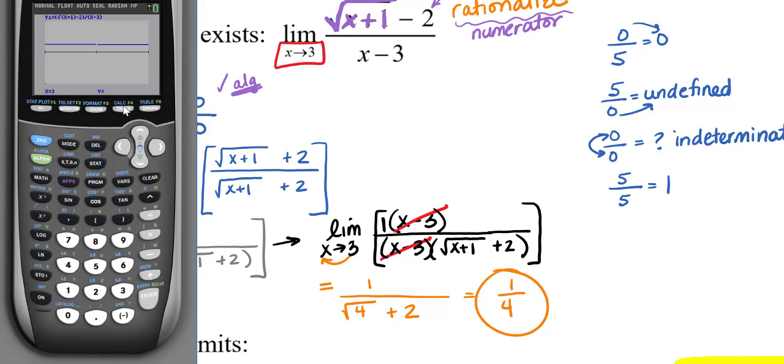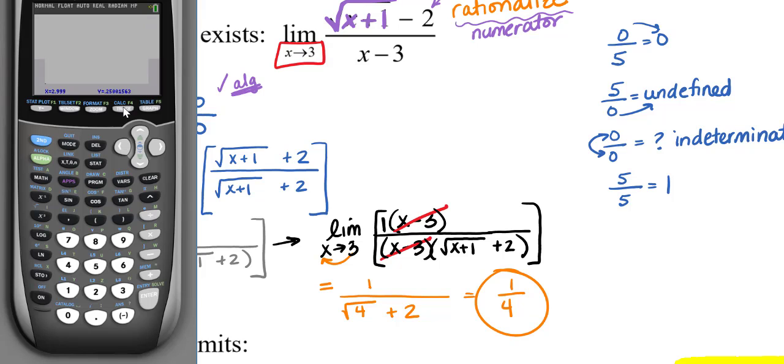But what I can do is calculate a value at 2.999. Ooh, look at that. The y value is 0.25001. That's very, very close to 1/4. So my left-sided limit as x is approaching 3 looks like it's 1/4.